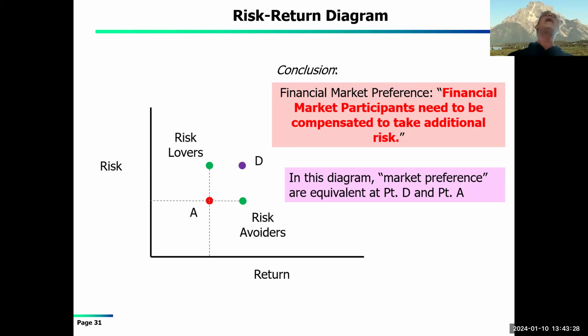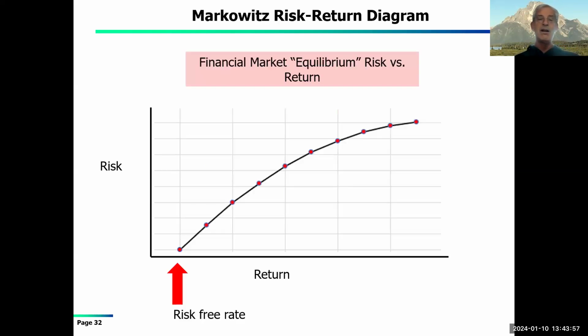They like gambling on high risk ventures because there might be an opportunity for them to make a huge return, even though there's also some opportunity for them to lose all of their money. And what it really gets down to is this is the basis for the risk return diagram to say that from a standpoint of preferences and social preferences, A and D in this particular diagram are equivalent.